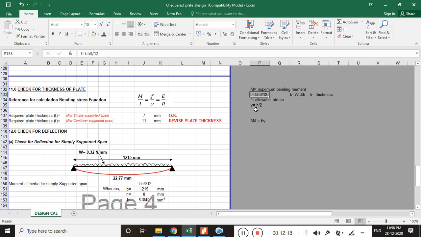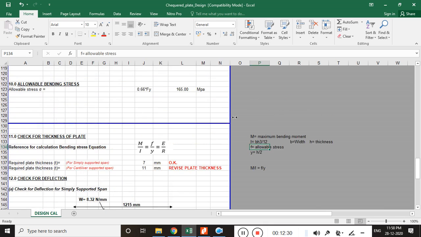And y is the distance of the neutral axis from the edge, that is h by 2. That h is also the thickness, and f is the allowable bending stress.